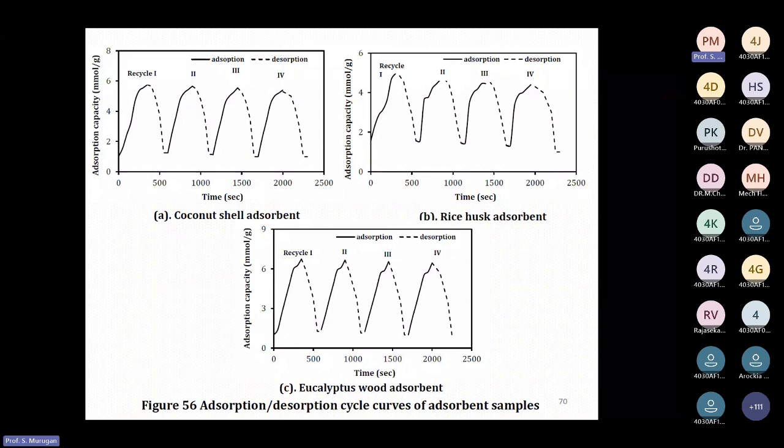In that case, they all show similar patterns when we conducted at different cycles, carried out for about 2500 seconds. So this plot shows these three samples, that means coconut shell, rice husk, and eucalyptus wood activated carbons, when they are subjected to this adsorption and desorption cycle study.